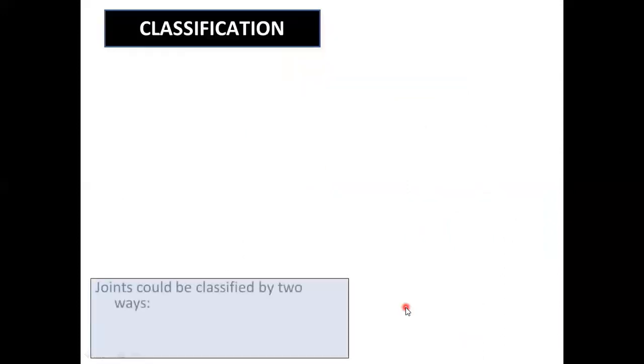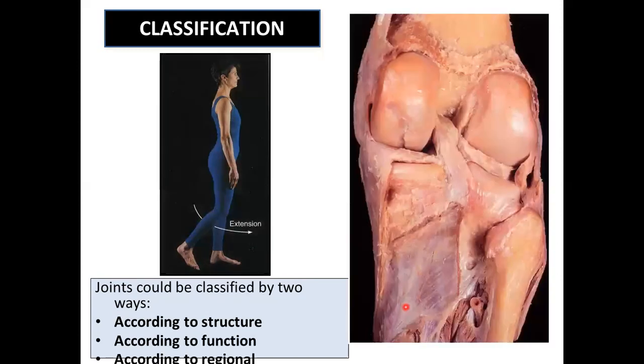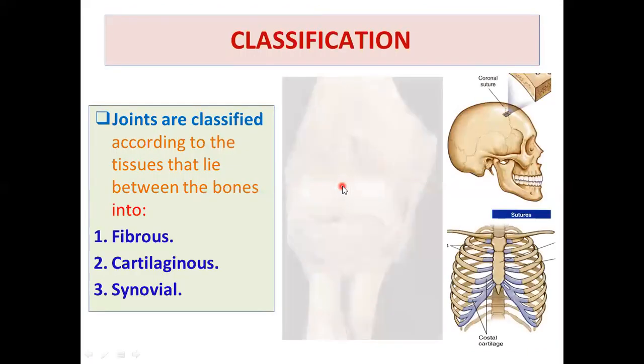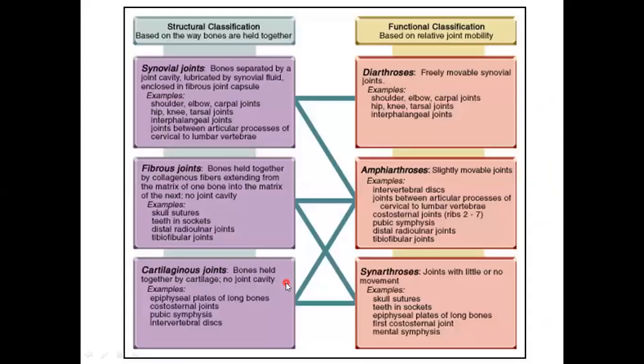Now, joints can be classified in two ways: according to their structure and according to their function, and also according to the region. Structurally, joints are classified according to the tissues that lie between the bones, which include fibrous joints, cartilaginous joints, and synovial joints.